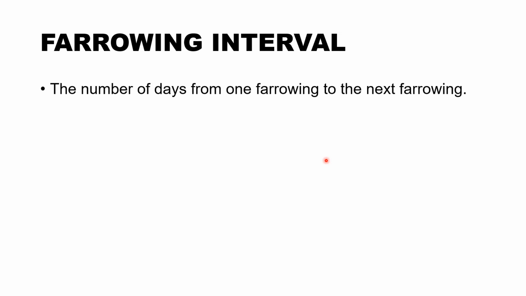Then farrowing interval is the number of days from one farrowing to the next farrowing. So, our sow gave birth, let's assume, this November 28. After that, you count until the next farrowing of that sow. So there are many parts. You count the lactation days. You count her dry period.